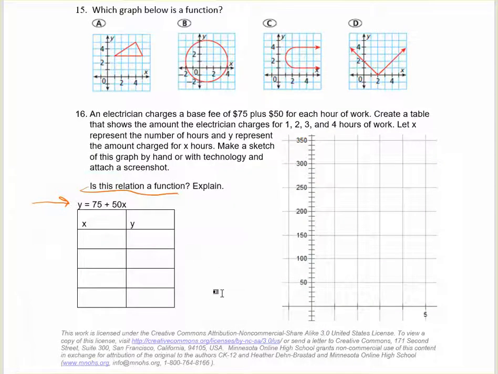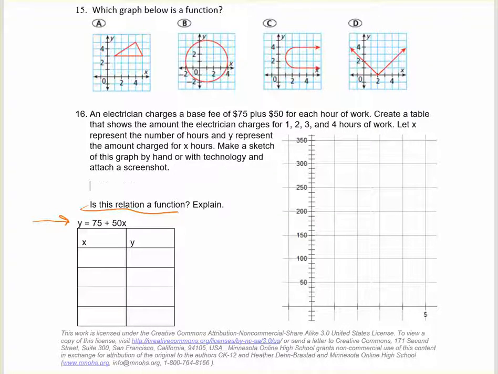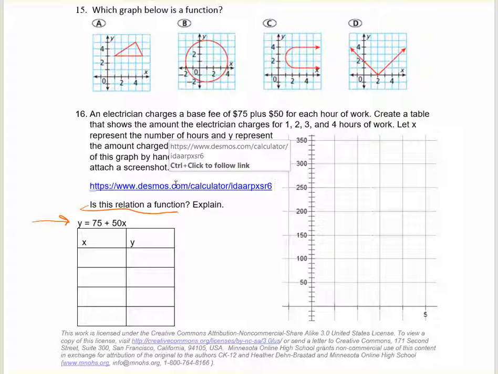And then you can come here to your worksheet. I'll just put it up here. And I can paste it, Control V, and then hit the space bar 1 time, and that makes it a live link so that I can just click on it to follow it and find your graph.